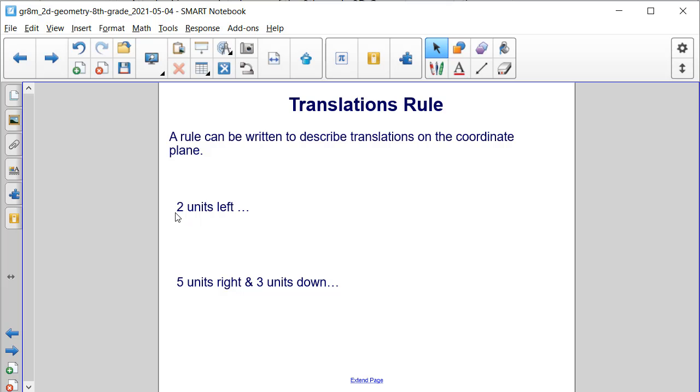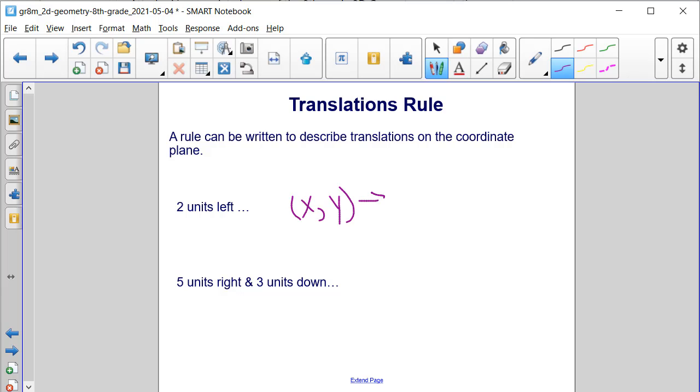So if we are moving 2 units to the left, we start with the coordinates x, y. And when we move 2 units left, we're going to be taking away 2 from the x-coordinate, and the y-coordinate will remain the same because I'm not moving up or down.